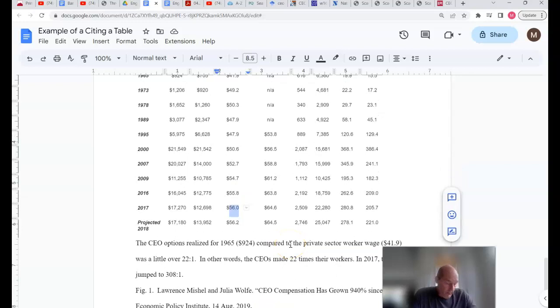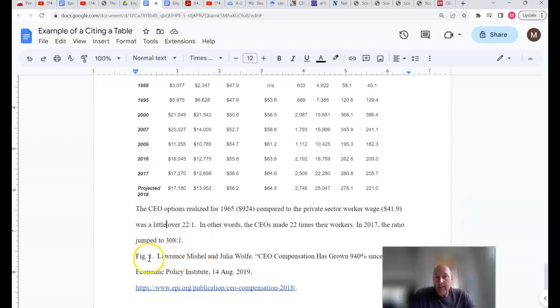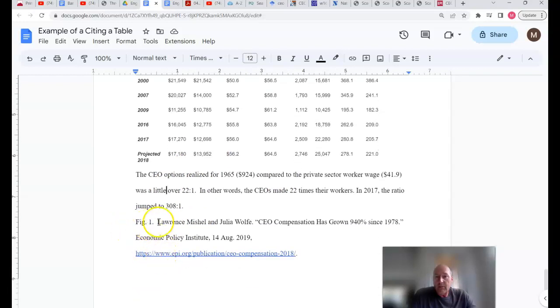I don't know that Galloway's reporting it correctly, but he's pretty close. And then I give the citation. I said it's figure 1 because this is the only figure I have in this example. I write it out: Lawrence Mishel and Julia Wolf. They call it "CEO Compensation Has Grown 940% since 1978." They're not even starting with 1965, but that's the title of their essay.